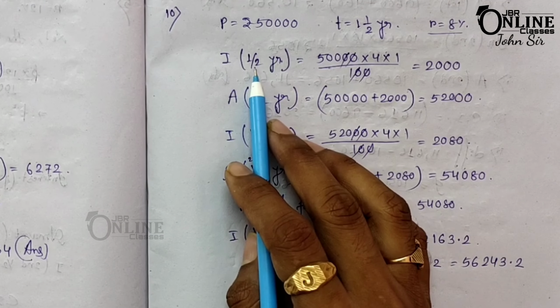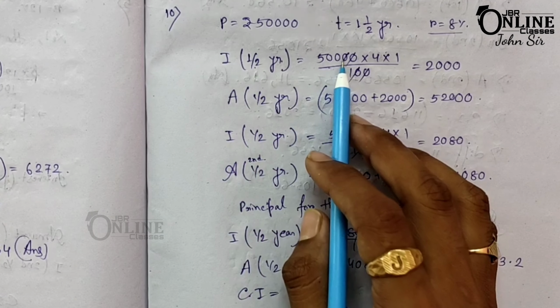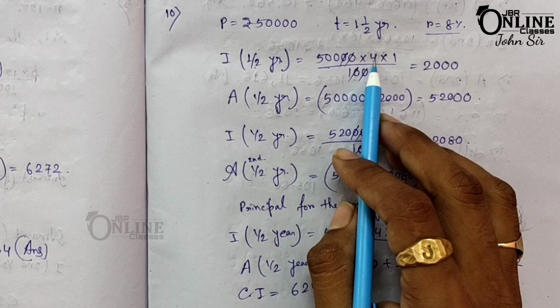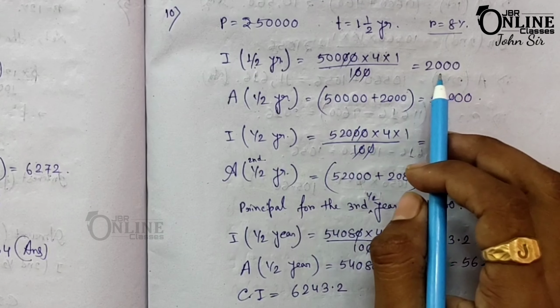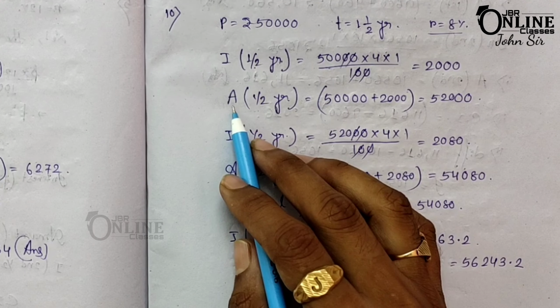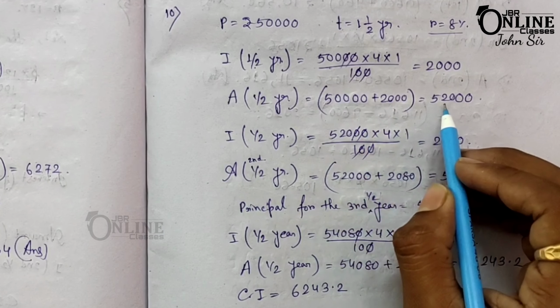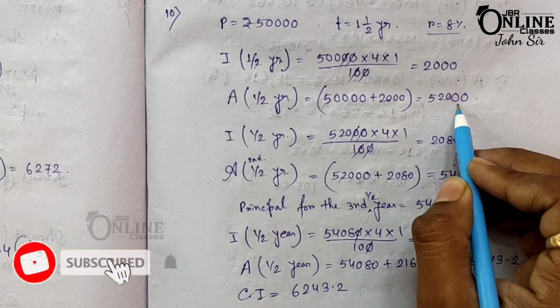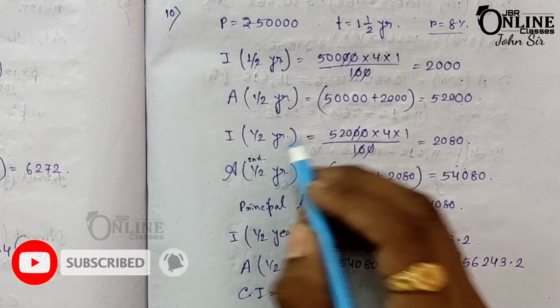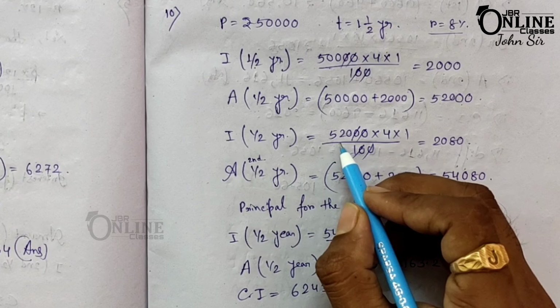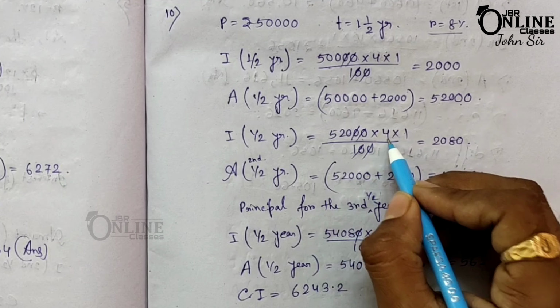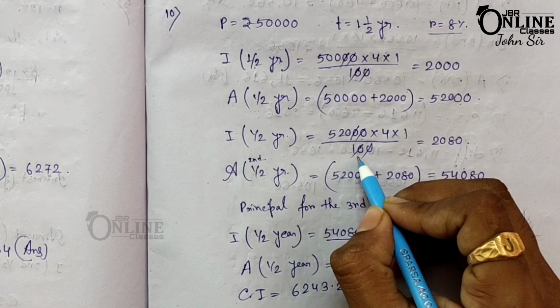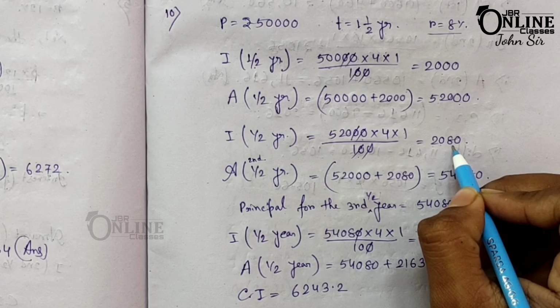So for the first half year, the interest will be 50,000 into 4 as rate of interest into 1 by 100 equals 2,000. Then amount after half year will be 52,000. Now interest for the second half year equals 52,000 into 4 into 1 by 100, that equals 2080.